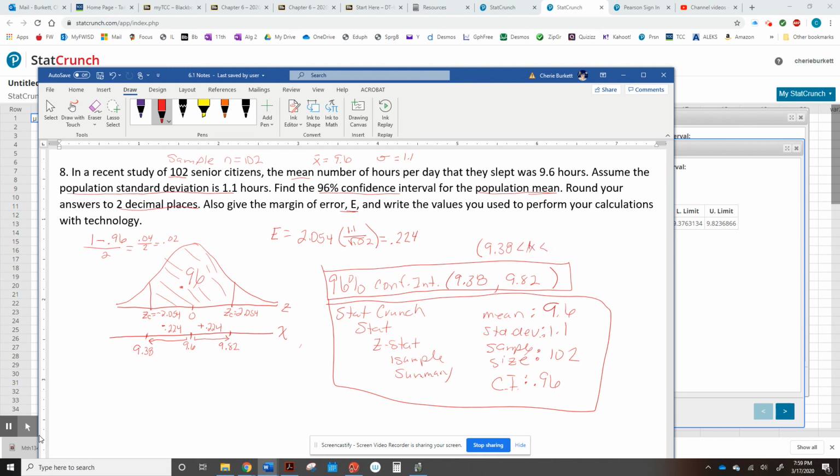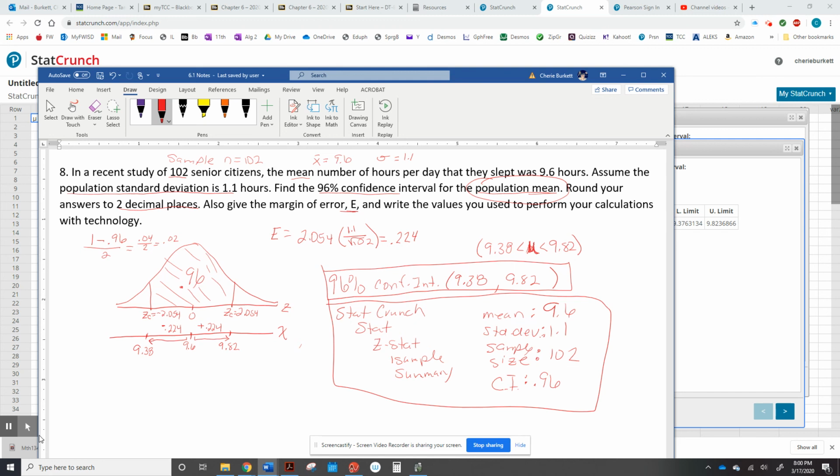Actually, they might put mu right here, because it's saying that the mean of our population is somewhere between 9.38 and 9.82. That's actually what we should have been doing, not x, because that's what it asked for, the population mean. So we're saying that our mean is somewhere between those two.